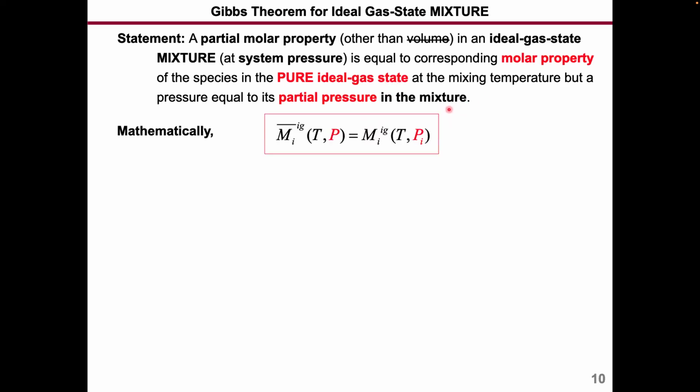Okay. So mathematically, what does this statement mean? It means that the M̄_i^IG at system temperature and system pressure, so this is the partial molar property of species i in the gas mixture at system temperature and system pressure, is just equal to the molar property of the pure species i in the ideal gas state at the same temperature, but a reduced pressure, which is your partial pressure of species i within this whole mixture.